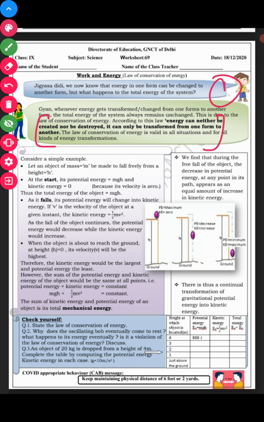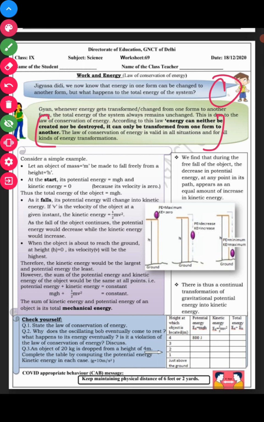The answer to this question is that the energy of the oscillating bob is used to do work continuously against friction and is converted into heat energy. But this is not a violation of the law of conservation of energy.